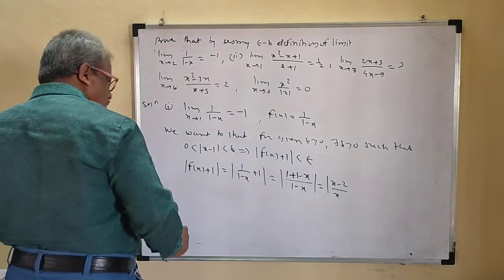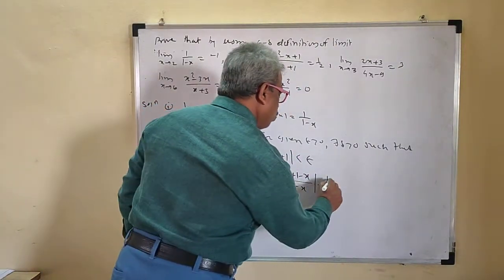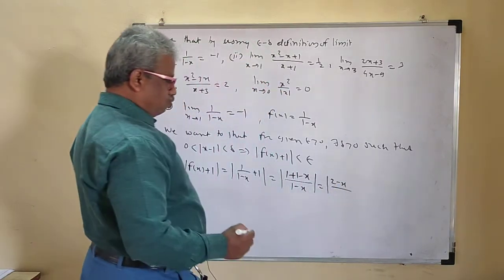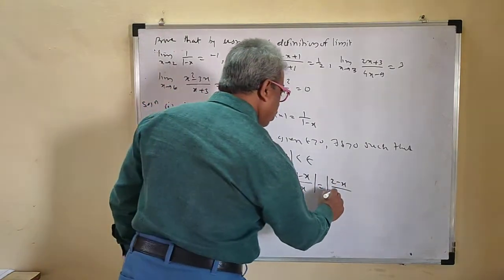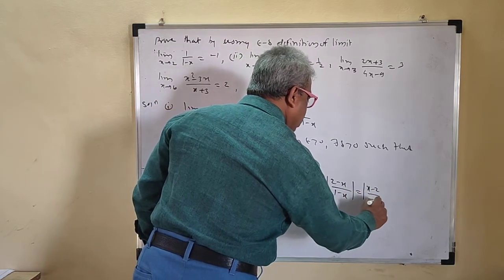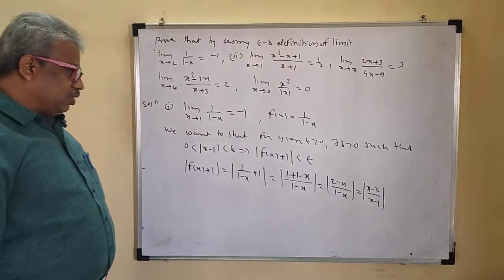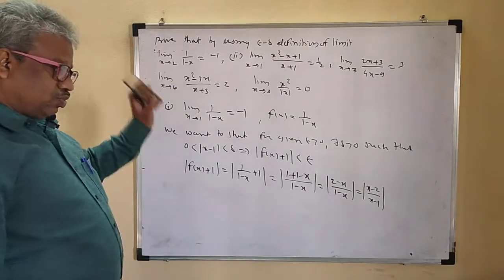No problem for this one. This is 2 minus x upon 1 minus x, so I can write this as x minus 2 upon x minus 1, changing the sign of all terms. So you got x minus 2 now.